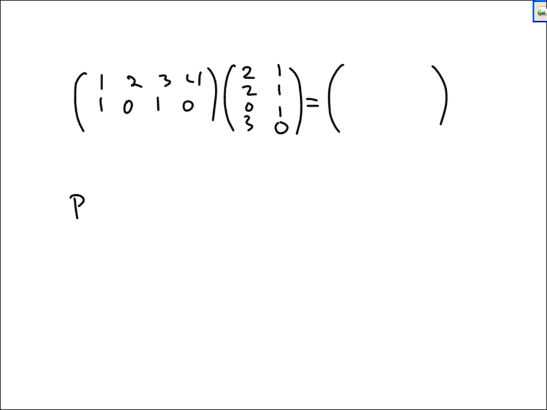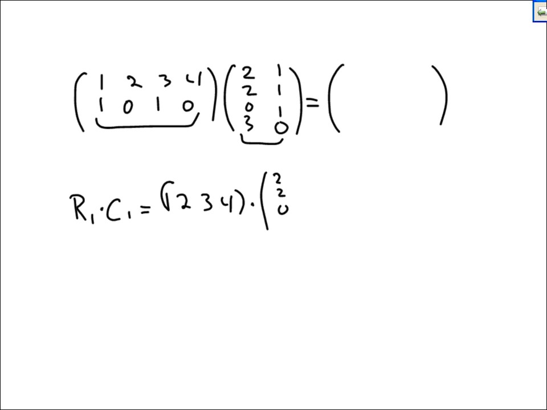So, if they exist, I'm going to dot row 1 with column 1. Row 1 is 1, 2, 3, 4. Remember, the rows always come from the left side matrix, and the columns always come from the right side matrix. Times column 1: 2, 2, 0, 3.